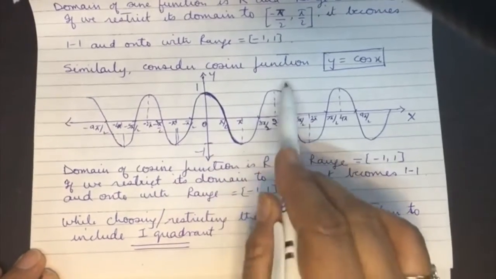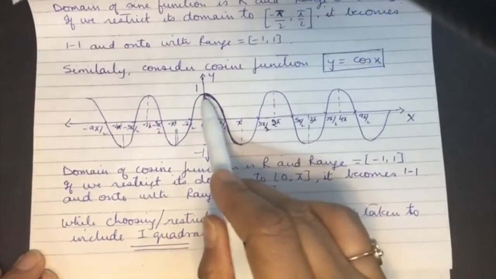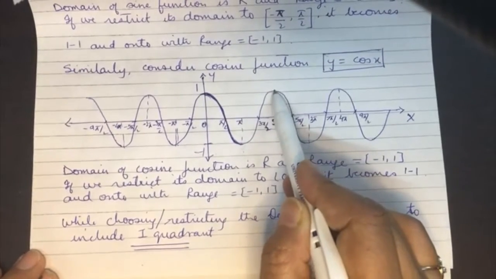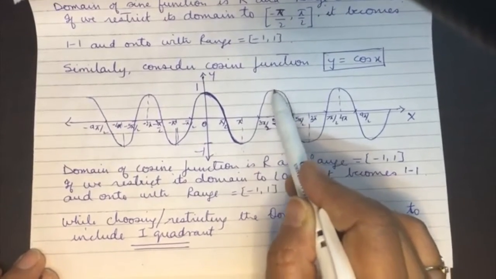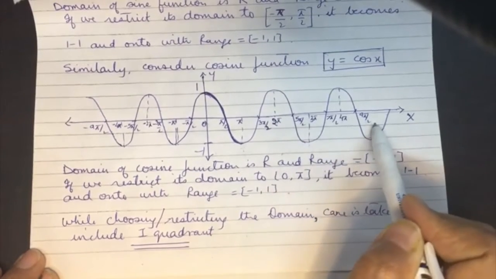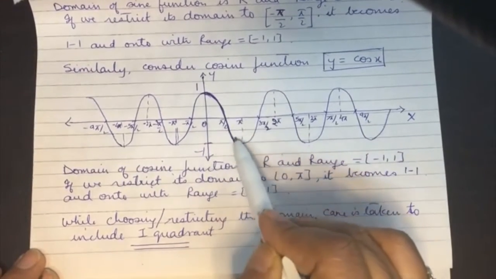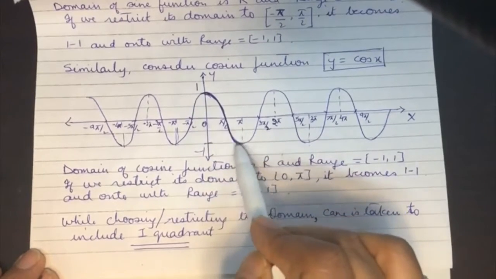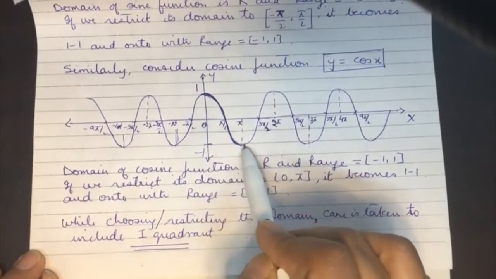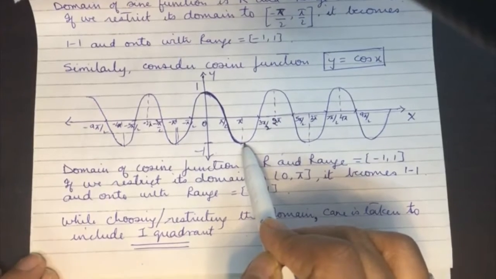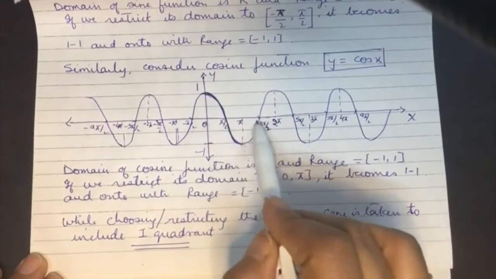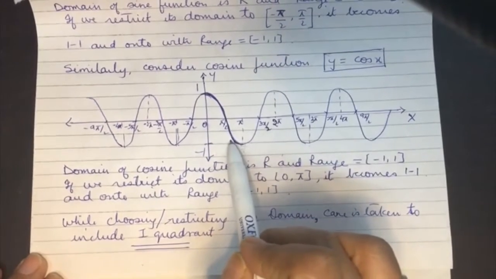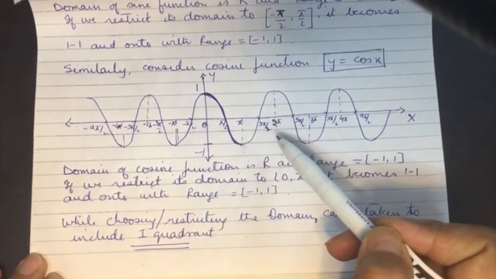Again, if you restrict the domain to 0 to pi, or pi to 2 pi, or 2 pi to 3 pi, and so on, all the values lying between minus 1 and plus 1 are already taken into consideration. And so in each of these branches, the function becomes 1-1, and it's already onto.